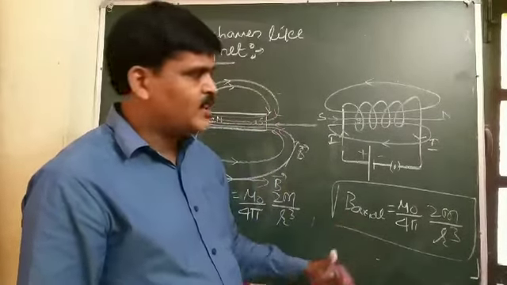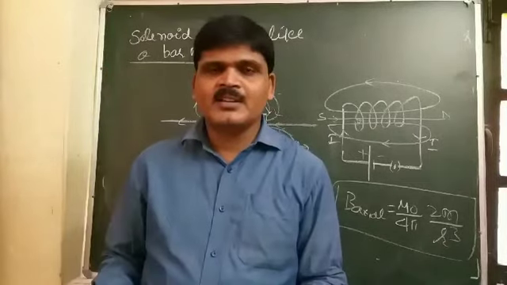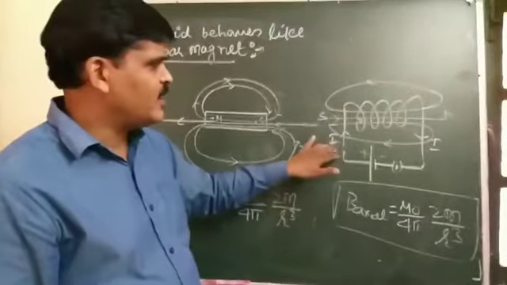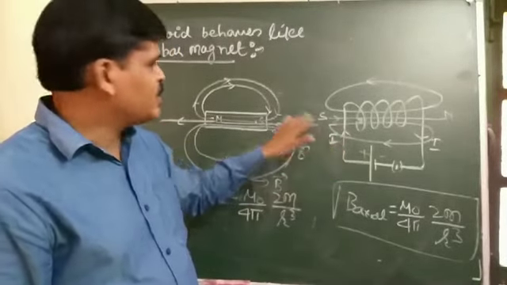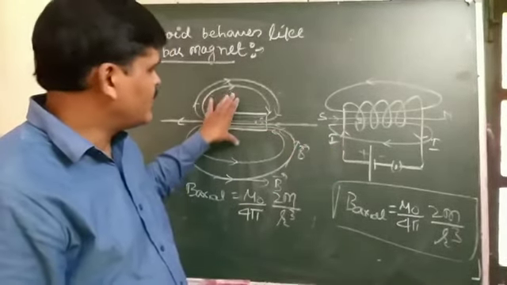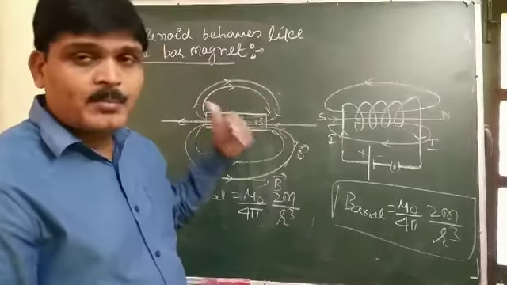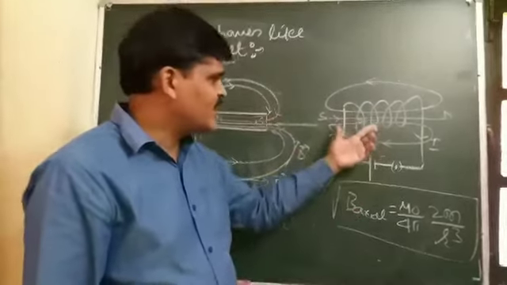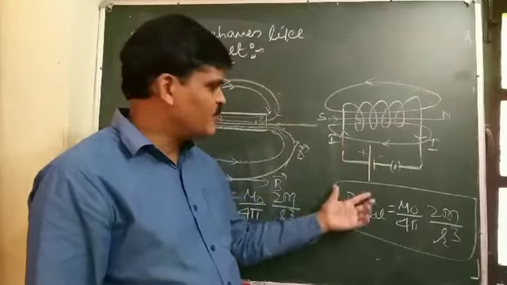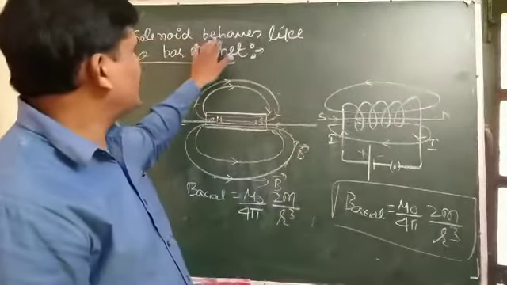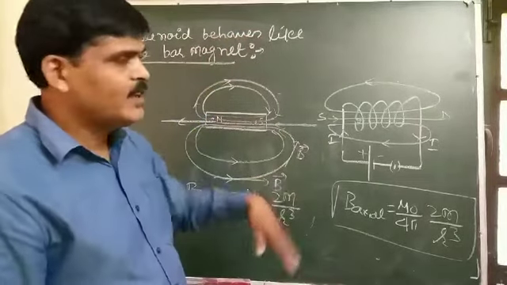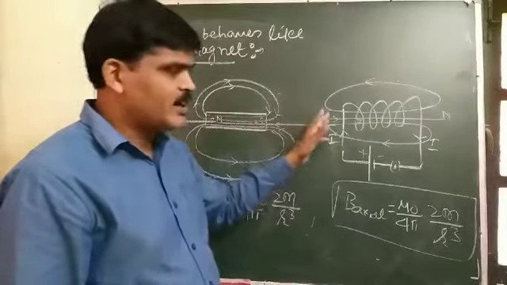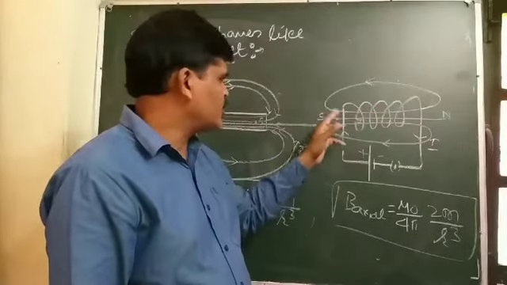So we can say that every property of the bar magnet is followed by the current carrying solenoid. Solenoid behaves like a bar magnet, because a bar magnet has a north pole and south pole, and a current carrying solenoid also has a north pole and south pole.